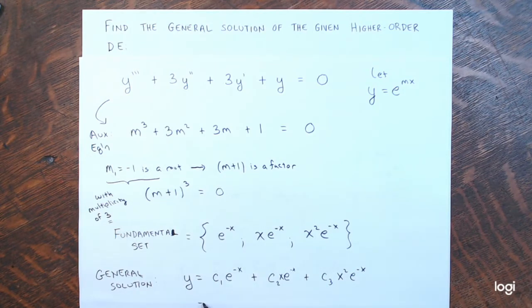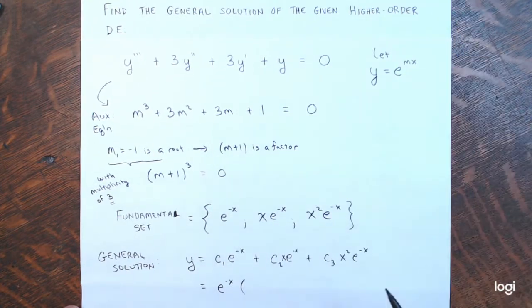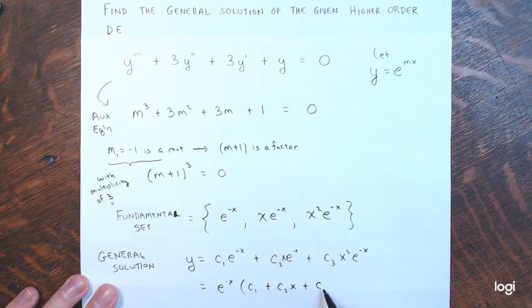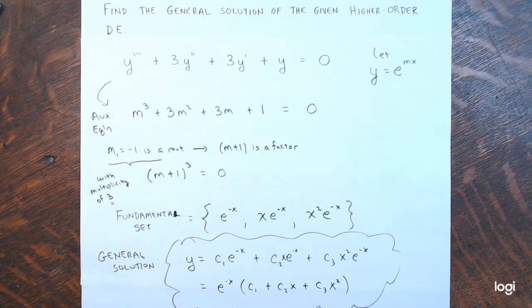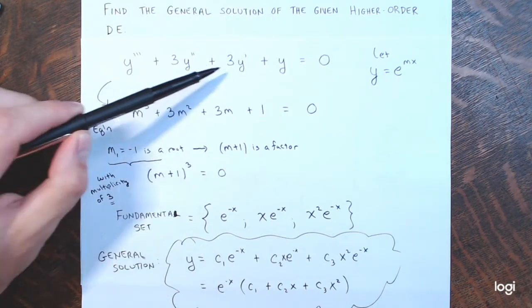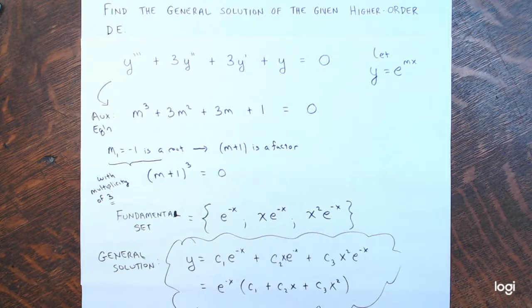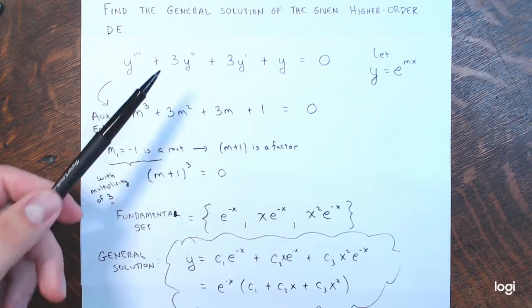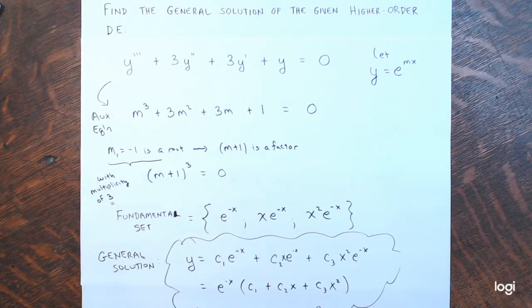And if you'd like, you could pull the e to the negative x out of everything, e to the negative x multiplied by basically a quadratic, c1 plus c2 times x plus c3 times x squared, where c1, c2, and c3 are any constants. And again, I'll leave it to you to verify. Take the first derivative, second derivative, third derivative of this, substitute into the equation, and you will indeed see that this satisfies the equation for any constants c1, c2, and c3.